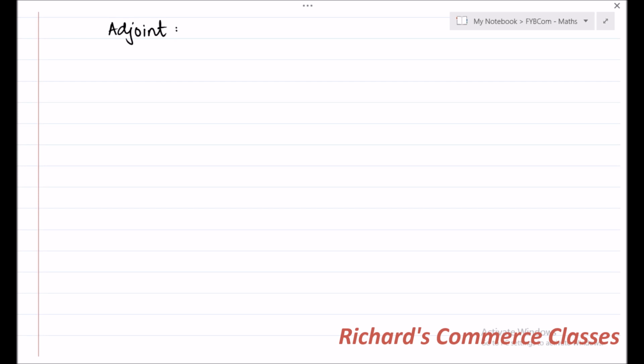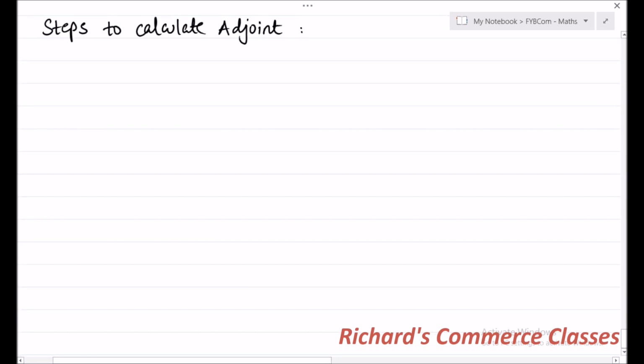So if I have to present it in a step-by-step pattern, the steps to calculate adjoint will be as follows.